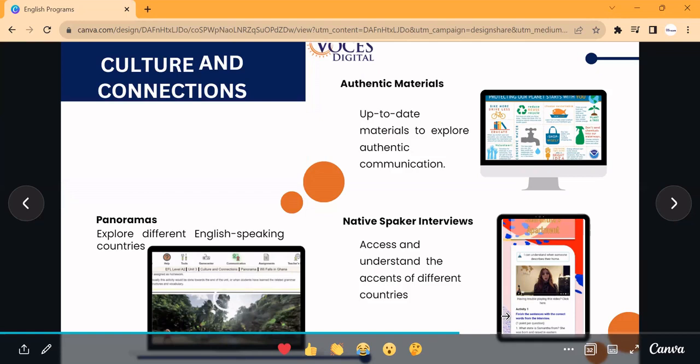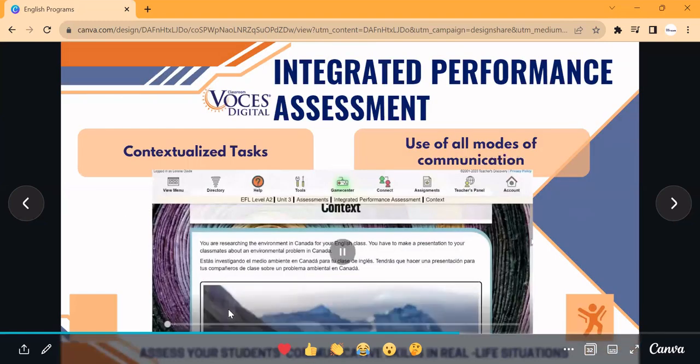This one is an example of the English panoramas where we are going to be exploring other countries. We have exploration of India, Australia, New Zealand, the United States, Canada.